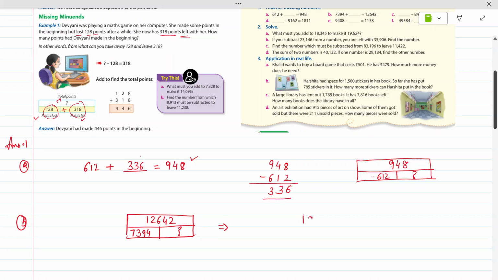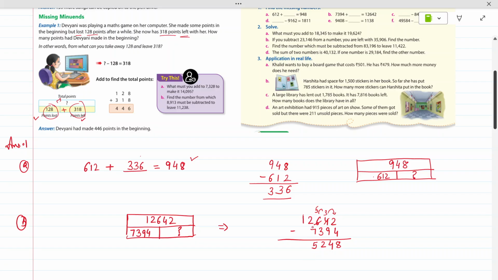We will do 12642 and subtract 7394. 2 minus 4 we cannot do, so we will take a carry. 12 minus 4 is 8, 3 was left. 3 minus 9 we cannot do, again we take a carry. 13 minus 9 is 4, 5 was left here. 5 minus 3 is 2, 12 minus 7 is 5.